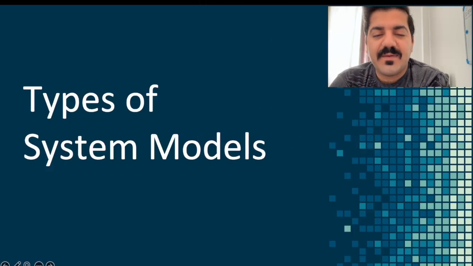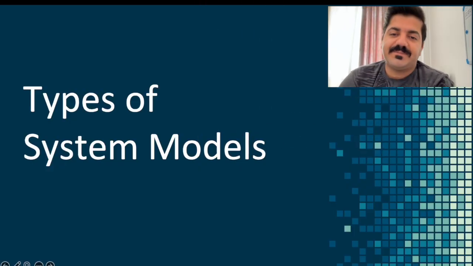There are several types of system models, such as physical models, mathematical models, simulation models, and so on. Each type serves a different purpose, but together they help us to see the bigger picture and make better decisions. So let's dive in and explore these types in more detail.